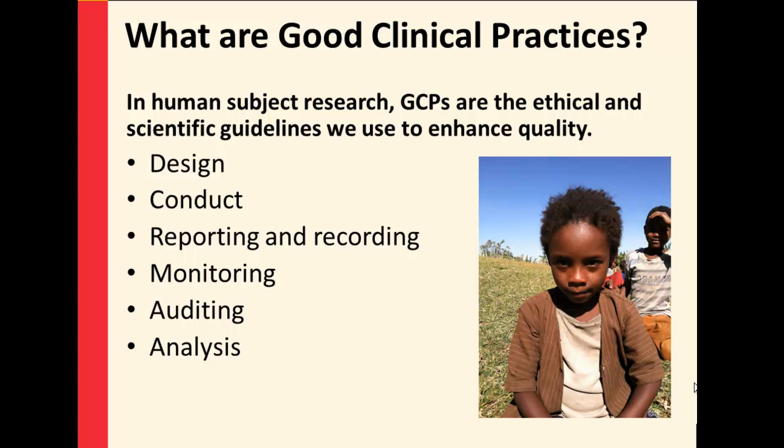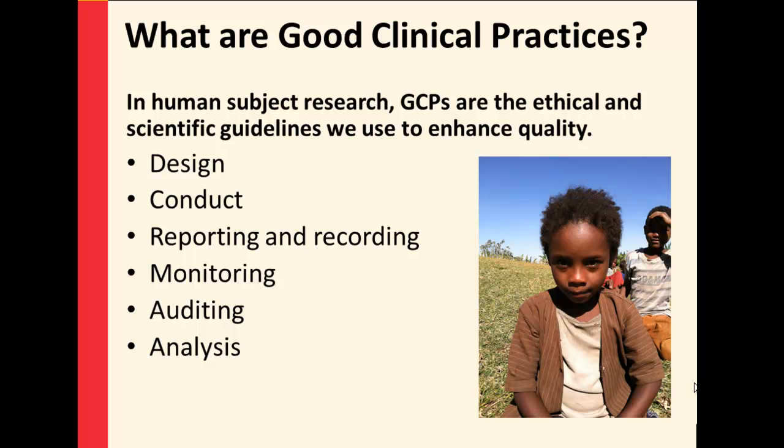But one definition would be that we're talking only about human subject research, right? We're not talking about laboratory bench research or animal research, but human subjects. And GCPs, you might define as the ethical and scientific guidelines that we use to enhance the quality of the work that we do. And it starts from the beginning and goes through the entire process of everything that you do in clinical research.